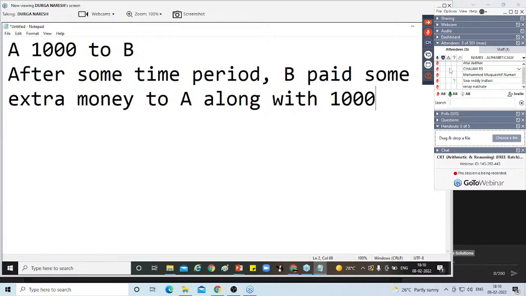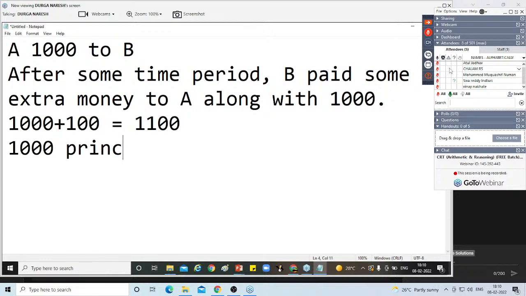For example, if he pays 100 rupees extra, total 1,100 rupees returned to A. Out of that 1,100, 1,000 rupees is called principal. 100 rupees is called interest.